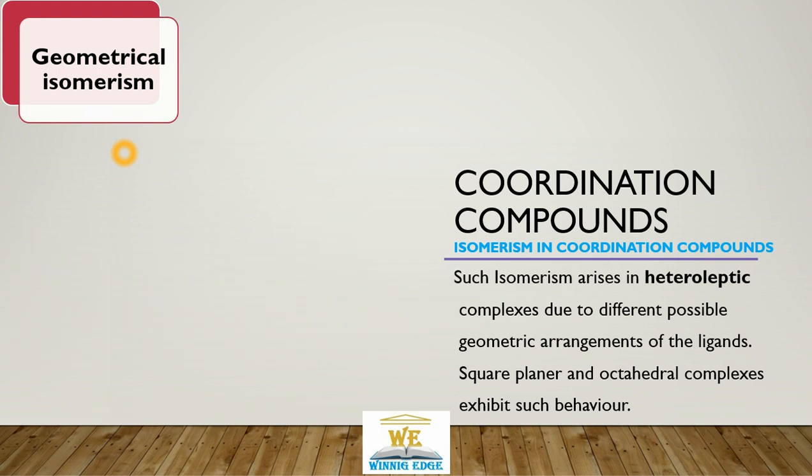Next, geometrical isomerism for octahedral complexes with the molecular formula M X2 L4, meaning 2 ligands will be of the same type and 4 ligands L4 will be of the other type.